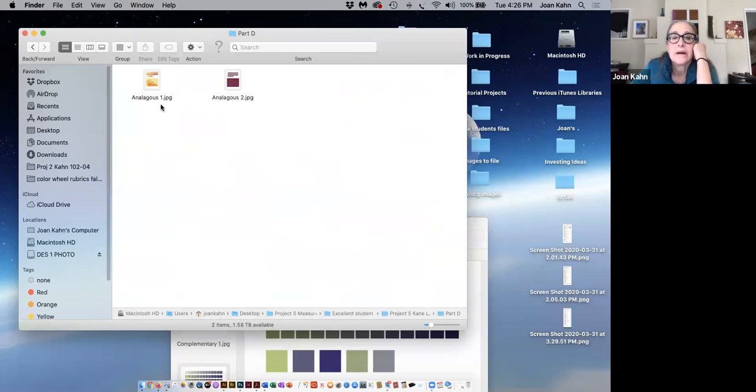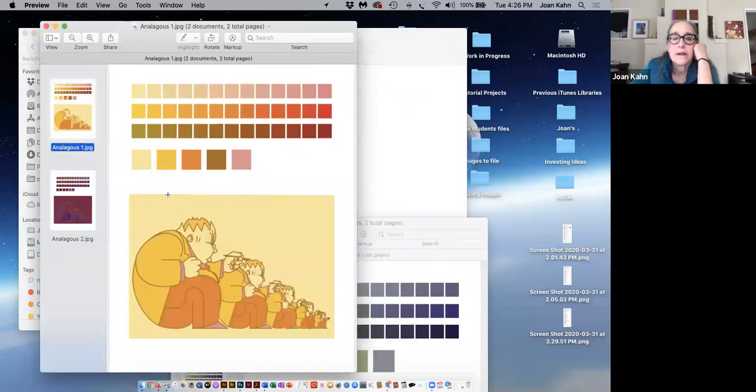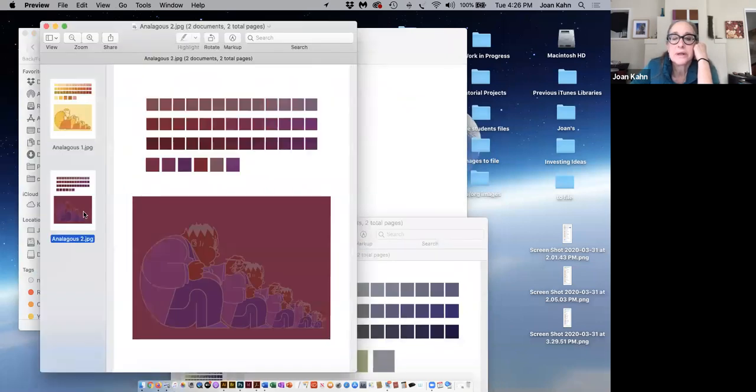Part D. Here are his analogous ones. Notice that this one, although we looked at it in class, was just so dark, right? It's very, very dark. So we all said, well, we like it. We liked the way you can barely see the shapes.